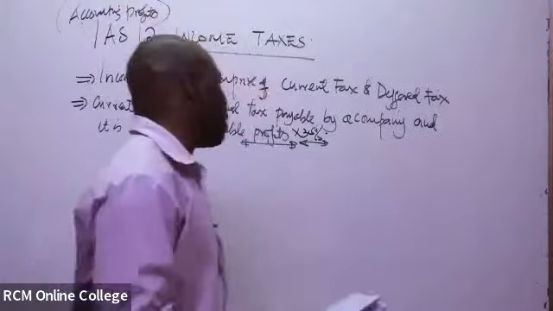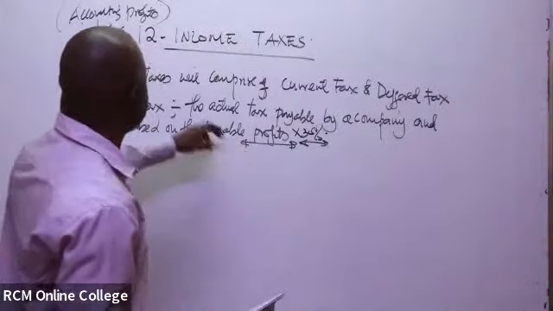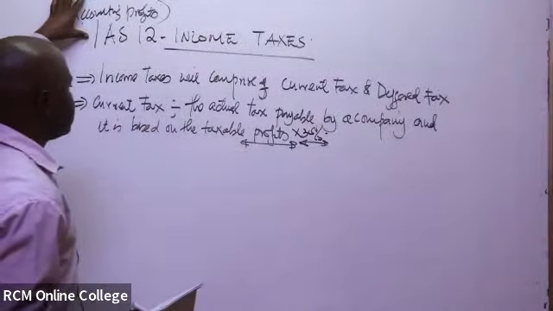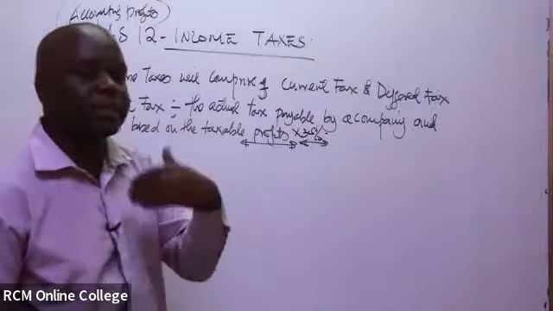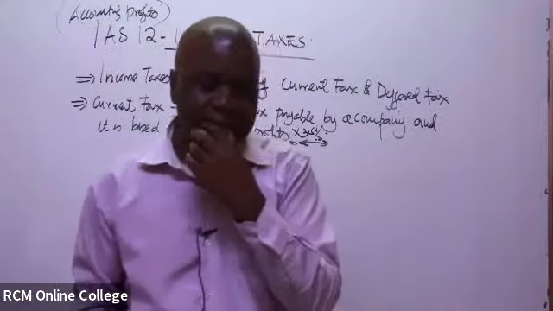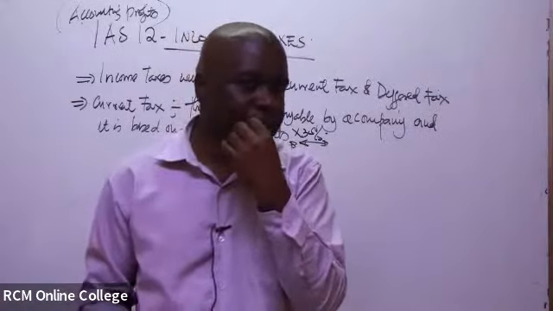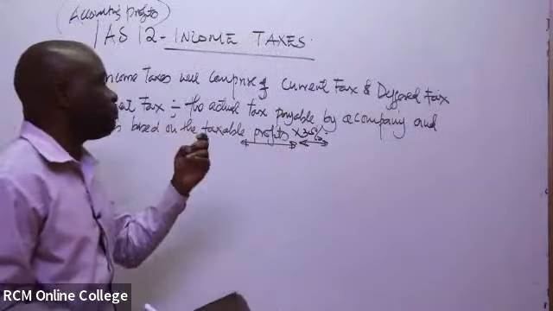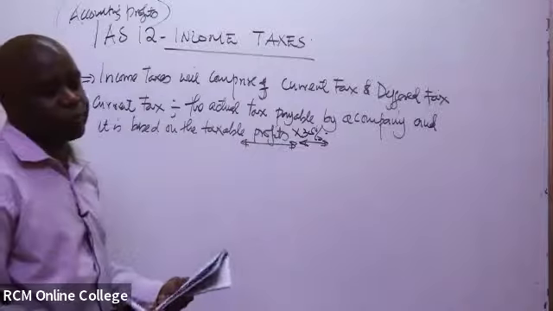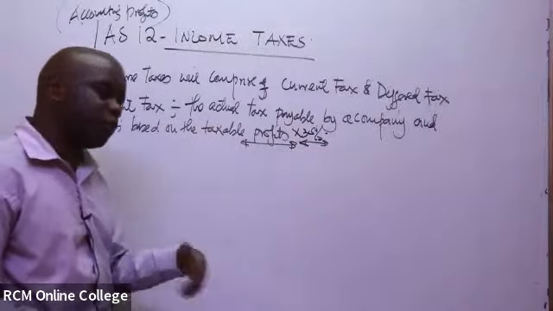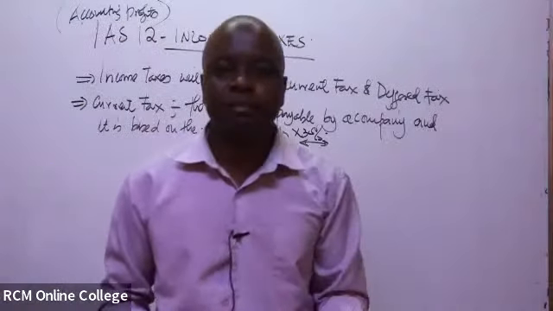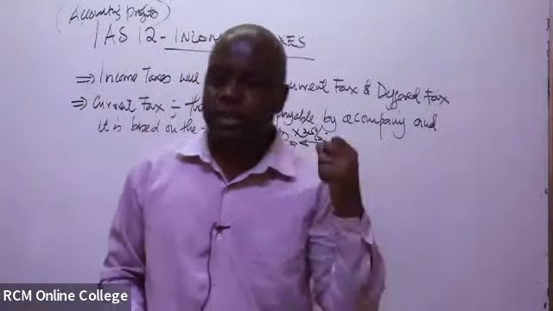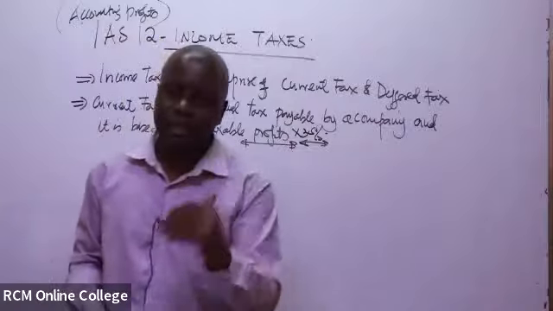So you have to determine the taxable profits from the accounting profits. One of the things I'm saying will have to be added back is depreciation. It is not an allowable expense in determining profits to be taxed. But you've been used to it in financial accounting: when you are preparing the income statement, depreciation on a motor vehicle, you reduce.